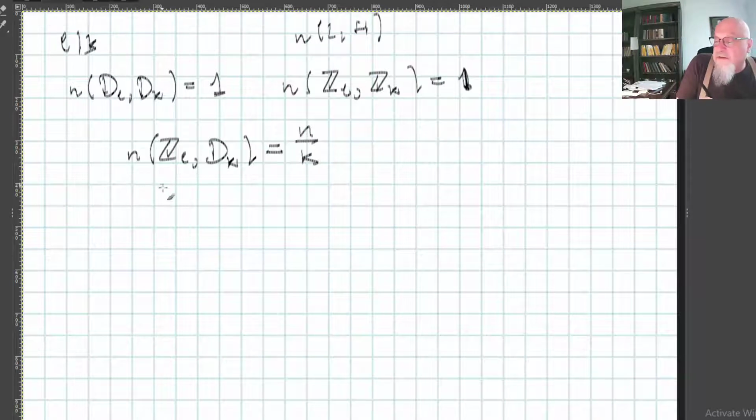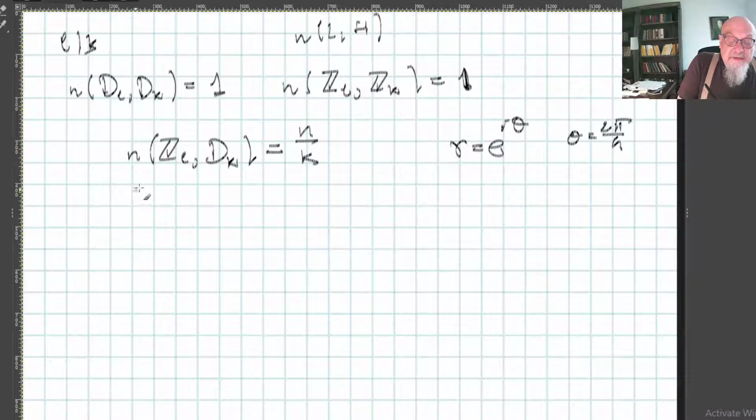basically, let me write it down. So remember, we have gamma is equal to e^{i theta}. Theta is equal to 2 pi divided by n. And then we have here that ZL, which is a divisor of K, is actually contained. So this is a subgroup of DK.